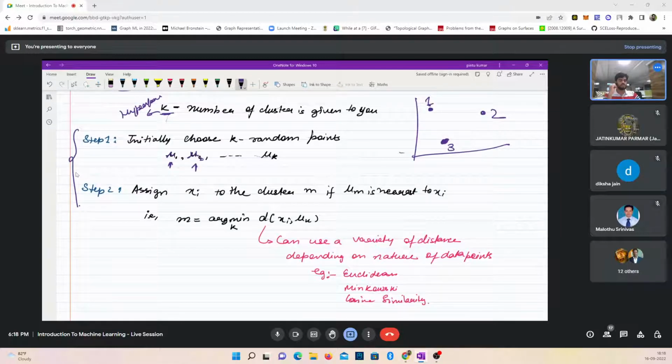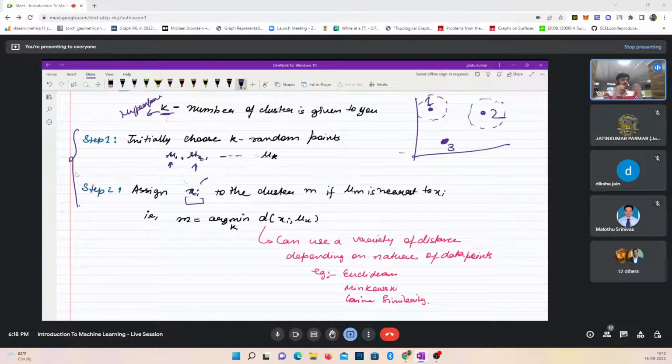Now in the next step, you look at all the points. Whatever points are close to point 1 will be assigned to cluster 1, and whatever points are close to cluster 2 will be assigned to cluster 2. So this is how we proceed. Let's say you have some data point xi. You compute its distance from mu1, you compute its distance from mu2 and so on.